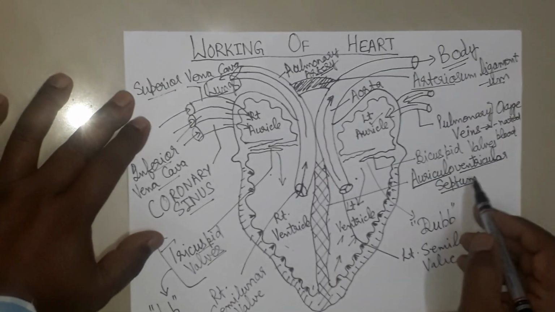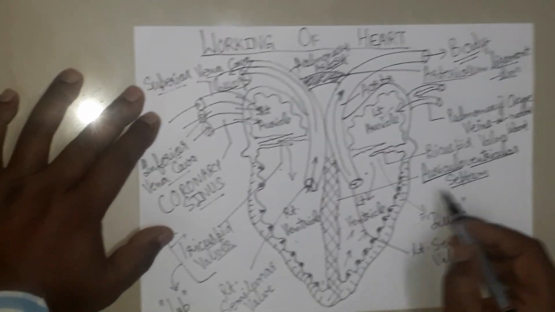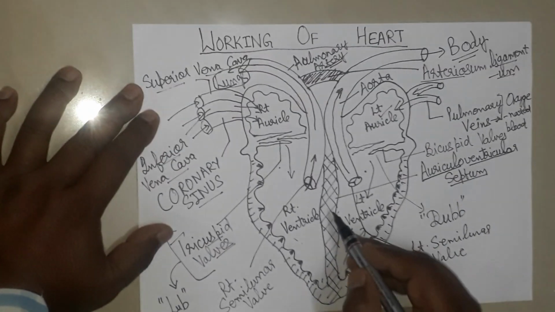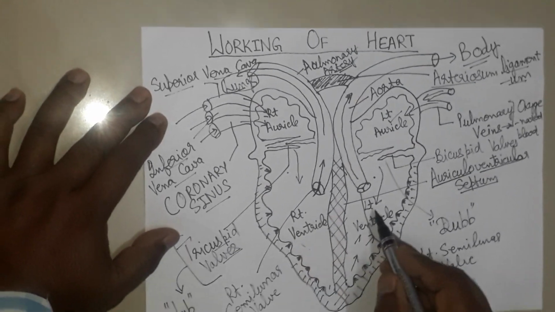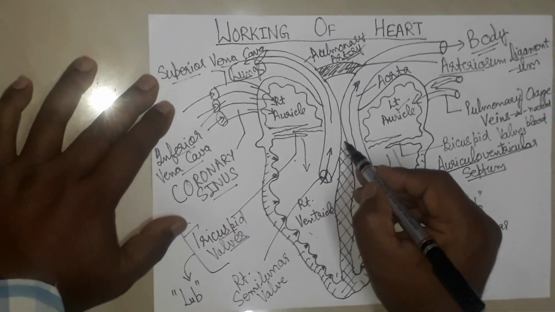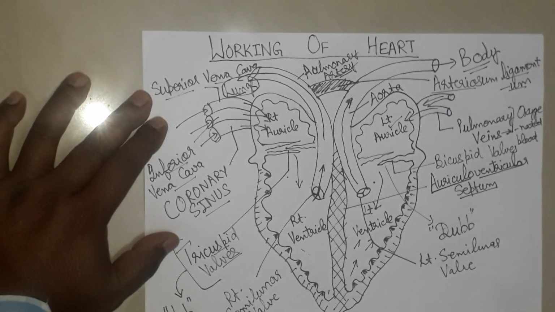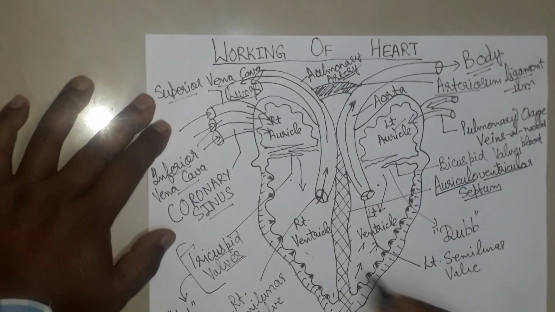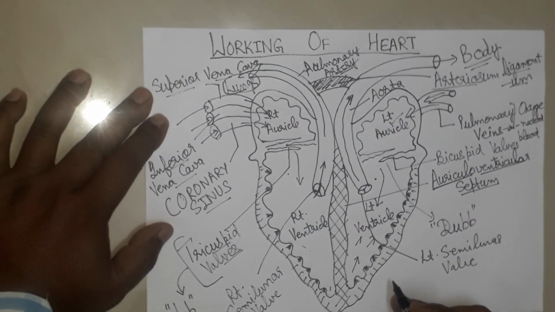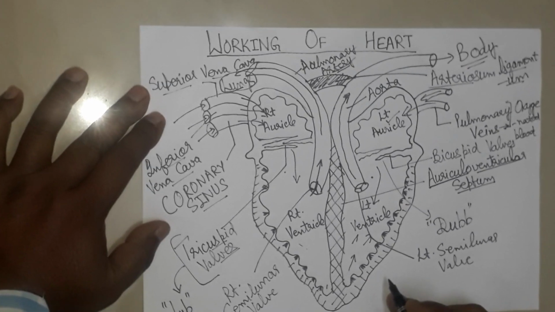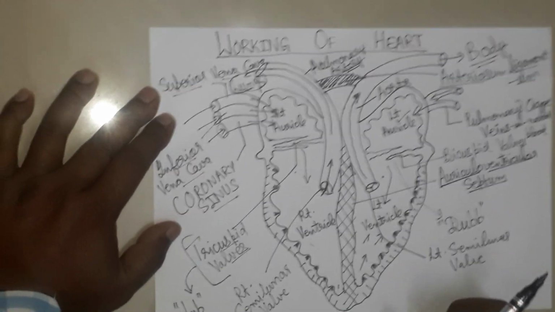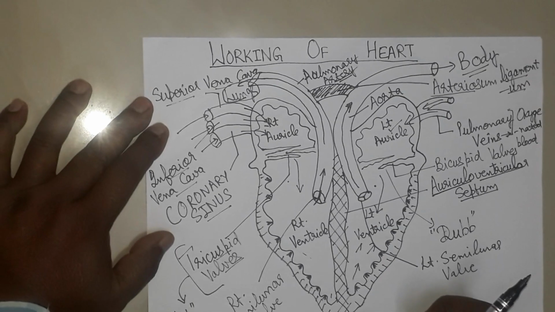And this auriculoventricular septum helps the deoxygenated blood and oxygenated blood to remain separate from each other. So this is how the human heart works in our body. It can be compared with a pressure cooker.